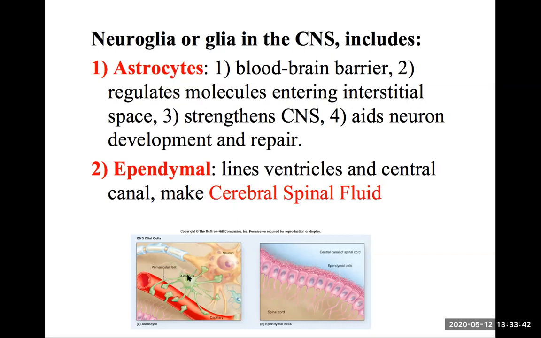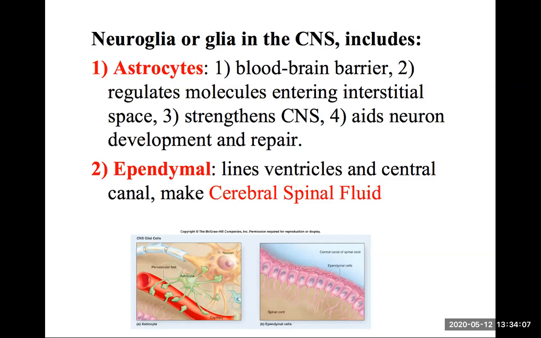So remember, the interstitial space is the area outside the circulatory system. Okay, they're also going to control what enters the capillaries. So a blood-brain barrier is a way of strongly regulating which molecules enter and exit the interstitial tissue. So in this case, it's the brain and the spinal cord.